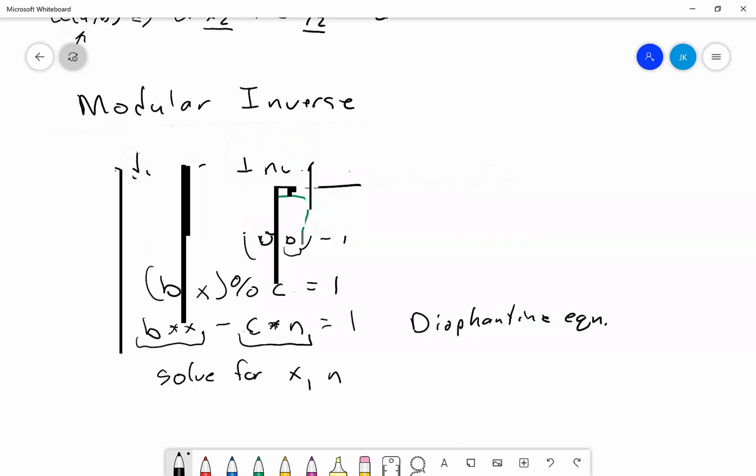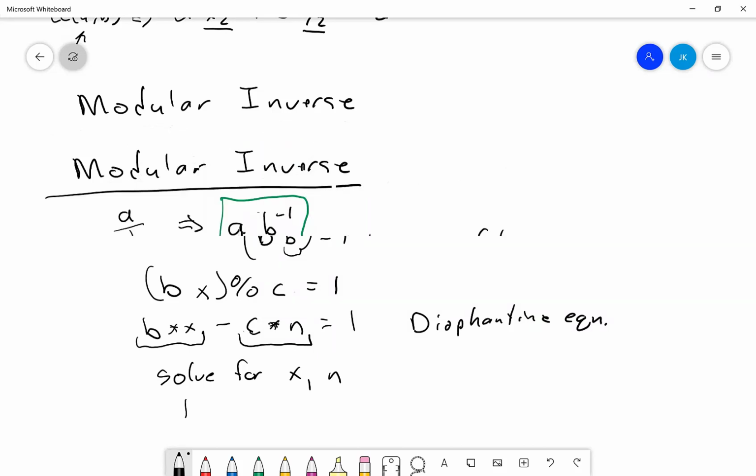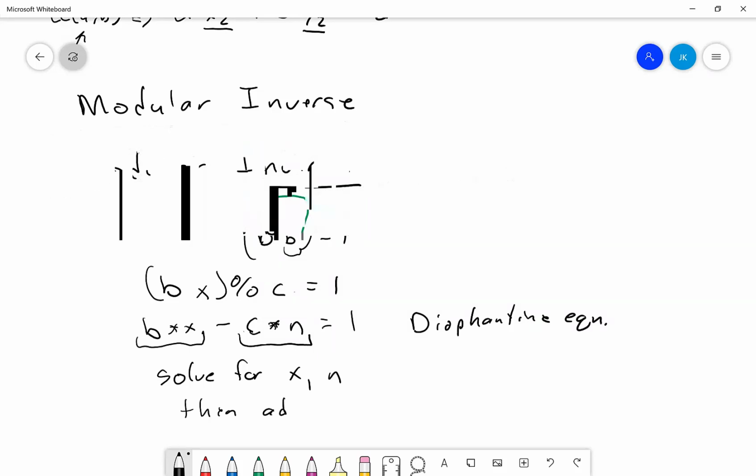Now, if x comes out negative, or if x is greater than c, then you can do the adjustment that we talked about to bring x back down into the range of 0 to c. So we adjust the same way we talked about before to get x between 0 and c minus 1.